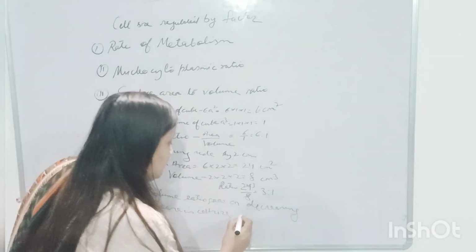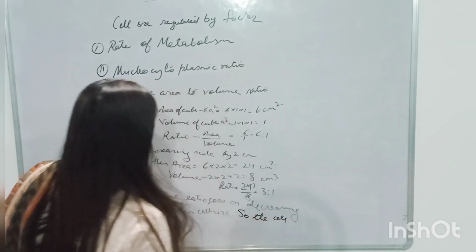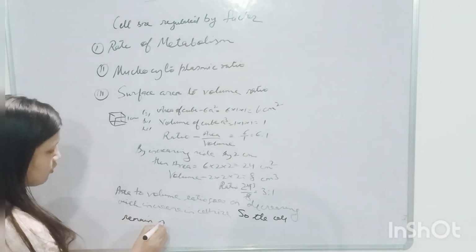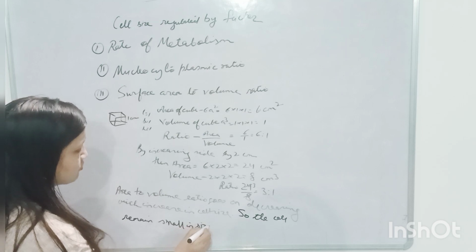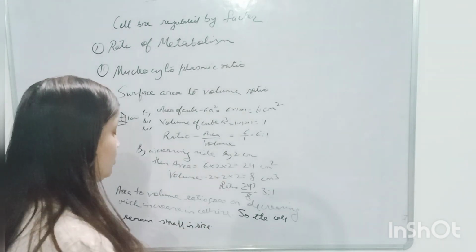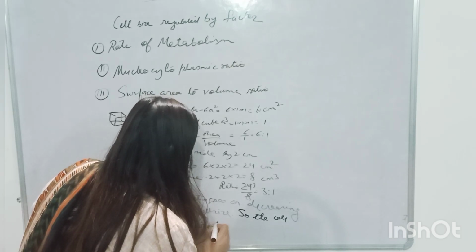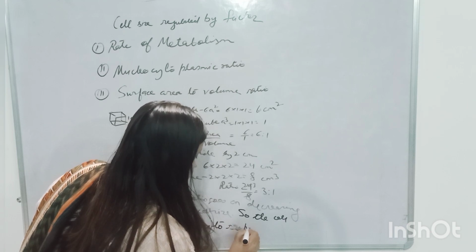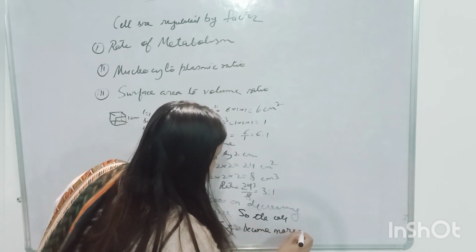So the cell remains small in size. As the size of the cell is small, it is more efficient.